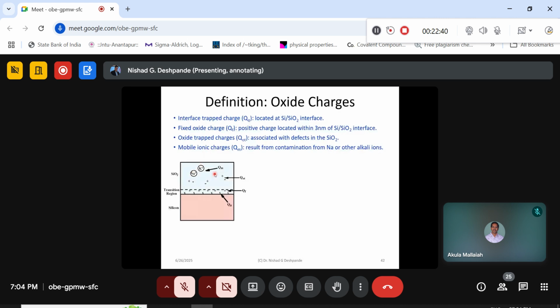Okay, so whenever you do an oxidation process or some thermal processes, you have to clean up the chamber thoroughly so that no contaminants are present. If at all any contaminant remains, it is going to play a very significant role because it forms the mobile ion charges within the layers here.